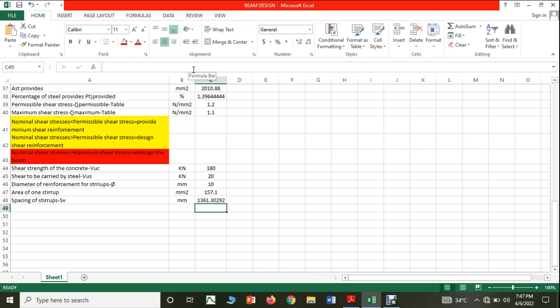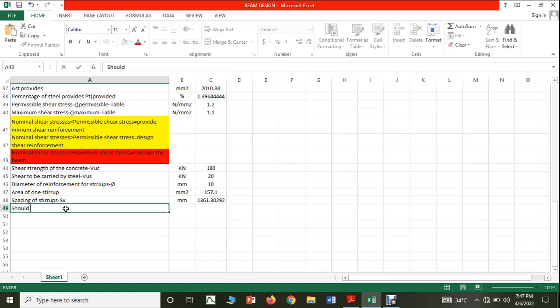Your spacing of the stirrups as per IS 456 2000 should not be more than 300 mm, or not more than 0.75 times small d.